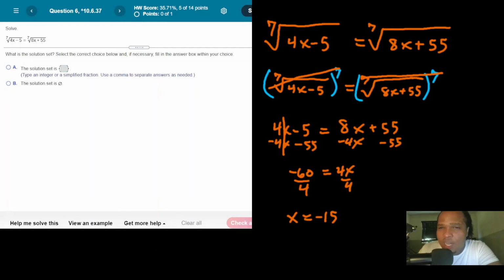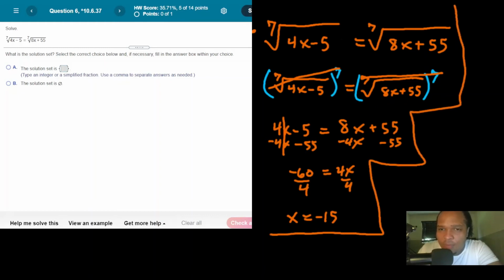Now we want to make sure that negative 15 is a solution. So let's plug negative 15 into your original up here. So we have the 7th root. Let's close everything off. We have the 7th root of 4 times, I'm sorry, negative 15 minus 5 is equal to the 7th root of 8 times negative 15 plus 55.